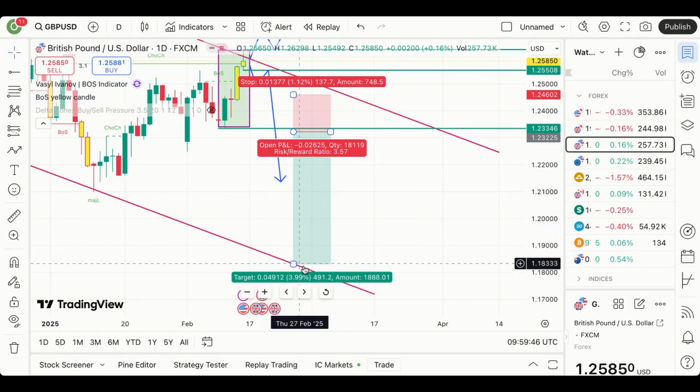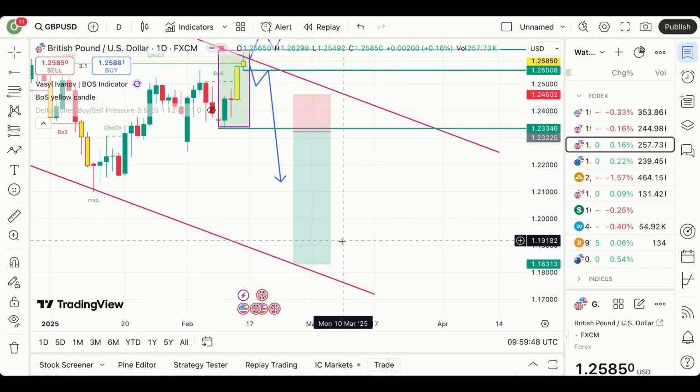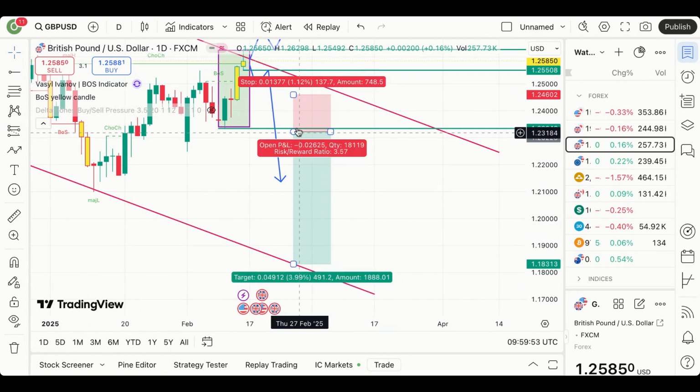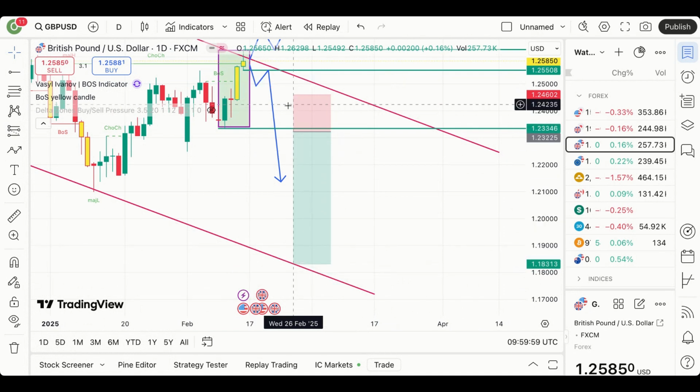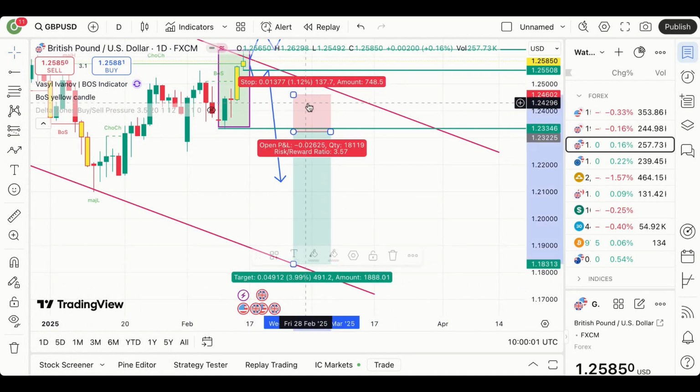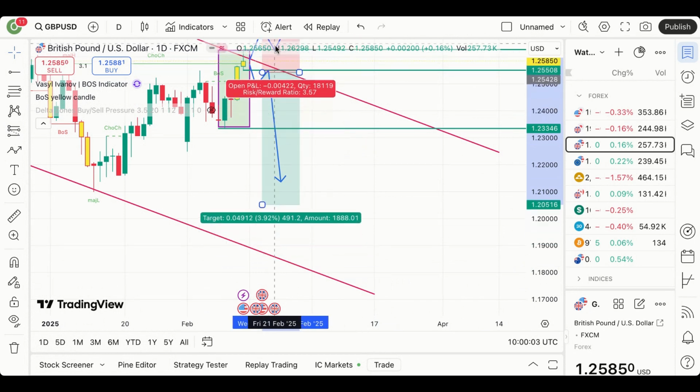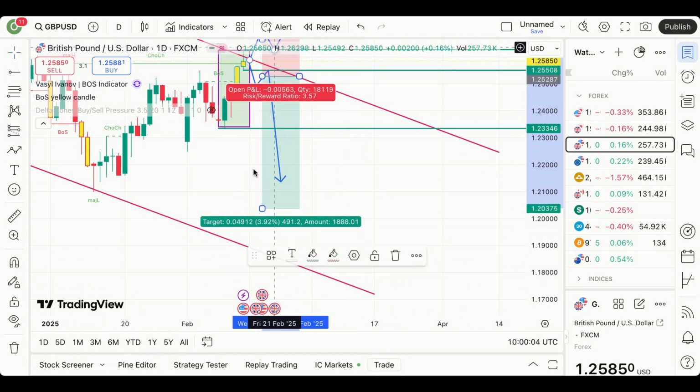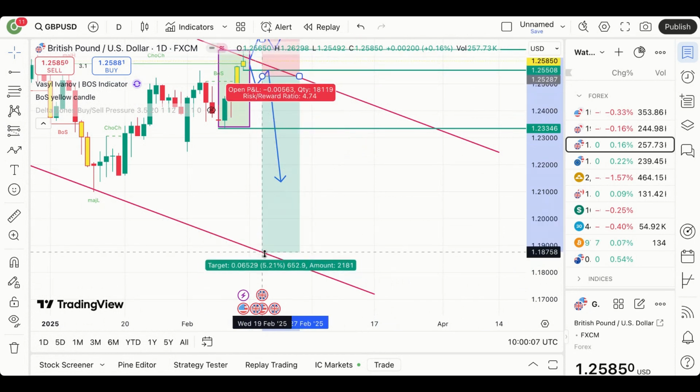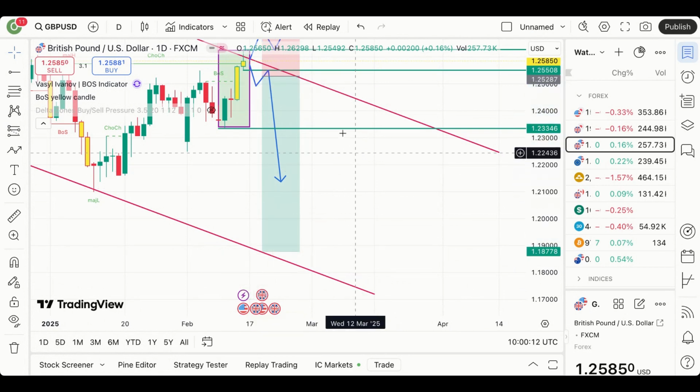Once it touches this, it will change pattern and we start trading to the upside again. From here to here, we're looking at 500 pips. And if we move it, let's say it trades downward from here, we're looking at almost 650 pips.